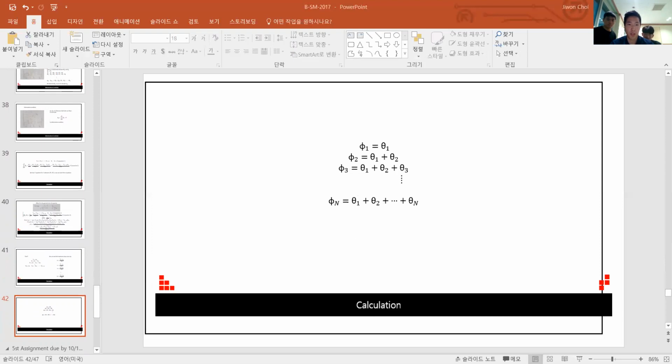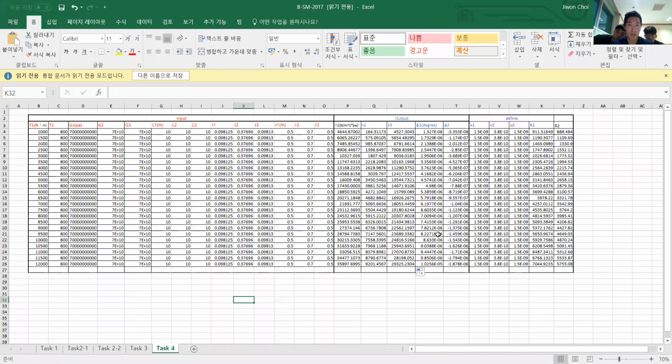I'm going to open an Excel file. On the left side, there are input values, and in the middle, output values. And on the right side, there are values that we defined. This should be T1,2 torque.